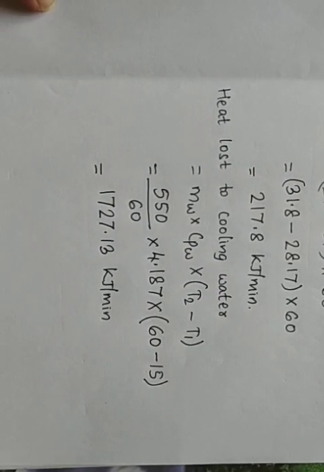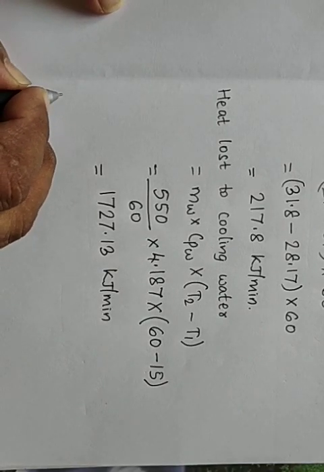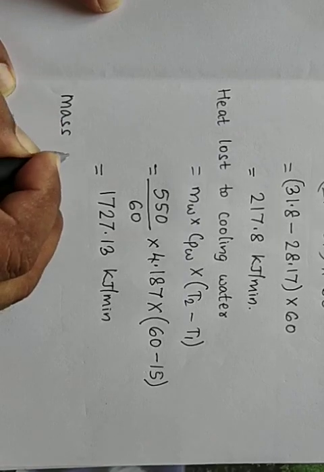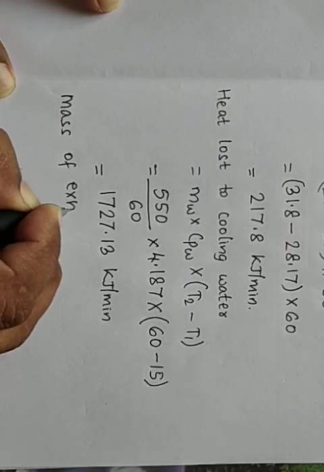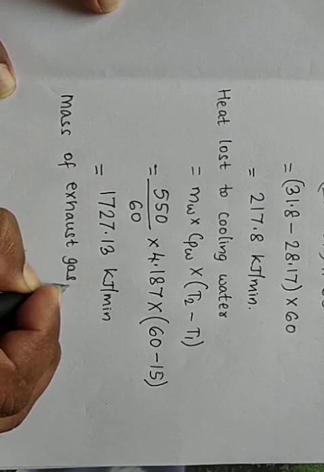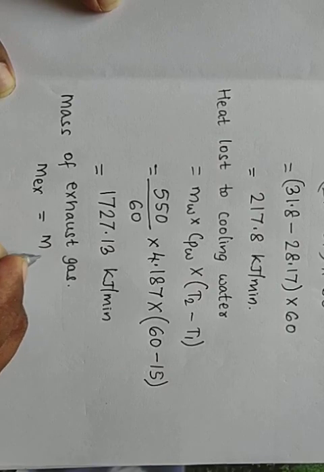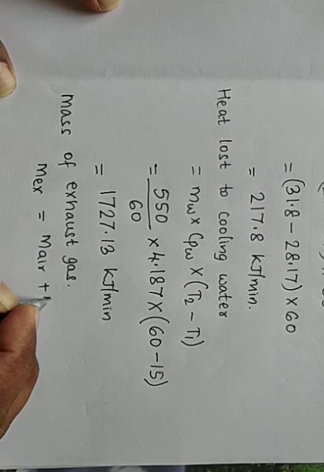Then find out heat loss to exhaust gas. Before that, let us find out mass of exhaust gas. So mass of exhaust gas, MEX, will be equal to mass of air plus mass of fuel.